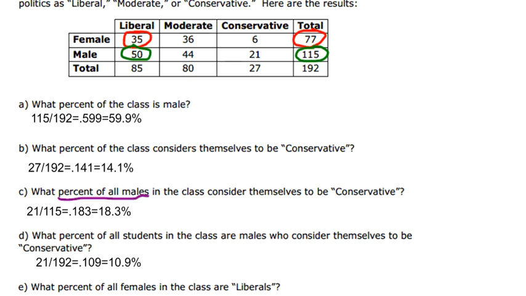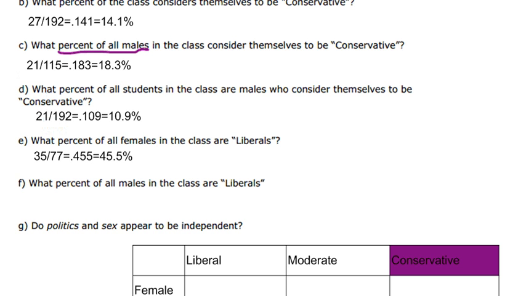So we're going to take 50 out of 115. So 50 divided by 115 is 0.435, or 43.5%. Now what I just did for E and F is I was starting to find conditional distributions.